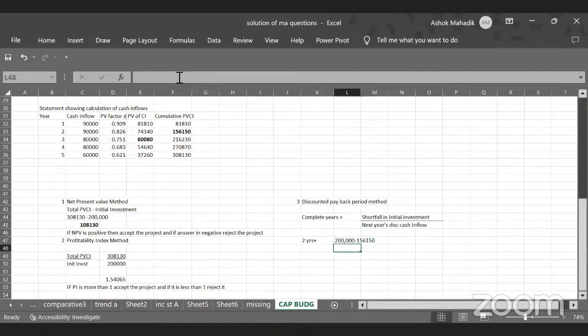It is 60,080. Okay, solve the fraction, students. So it is 2 lakh minus 1,56,150, that is 43,850, upon 60,080.